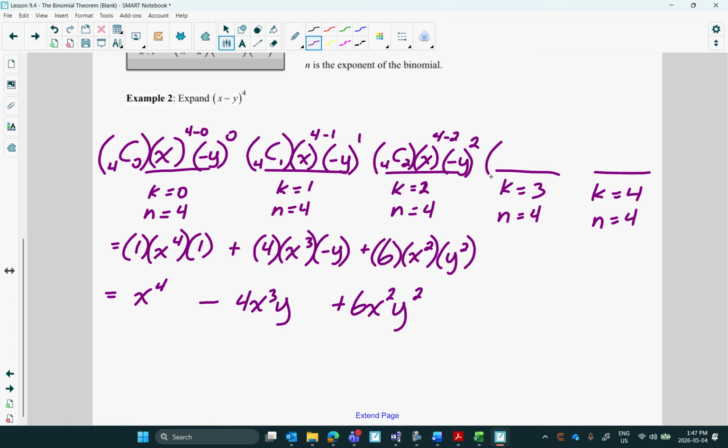For this one, we do 4 choose 3. And then multiply that by x to the 4 minus 3. And then multiply that by negative y to the 3. Well, 4 choose 3 is 4.